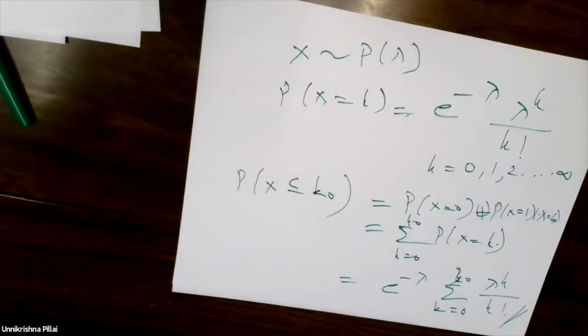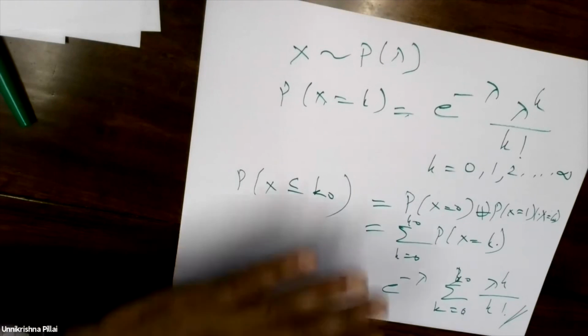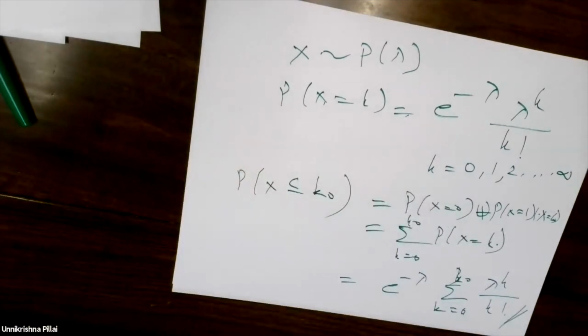So a space shuttle, same thing, right? A space shuttle has whatever, 10 million components. Each component is going to fail only with a very tiny probability, 10 to the power minus 6 or minus 7. So what is the probability that the shuttle will collapse? So you say the shuttle will collapse if, I'm just making up, more than 3 components go bad, then it may collapse.